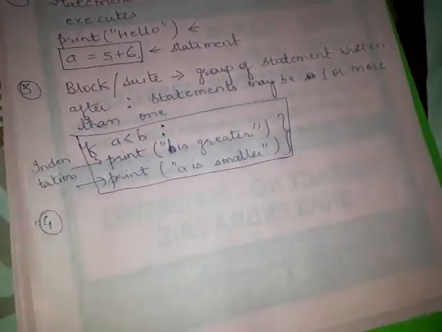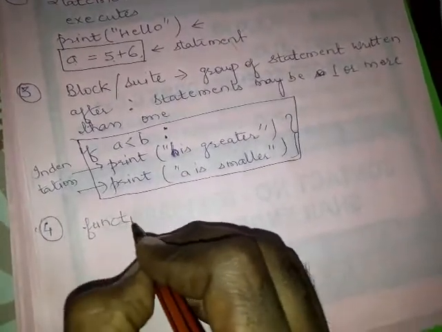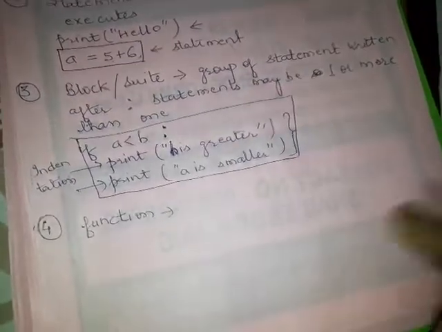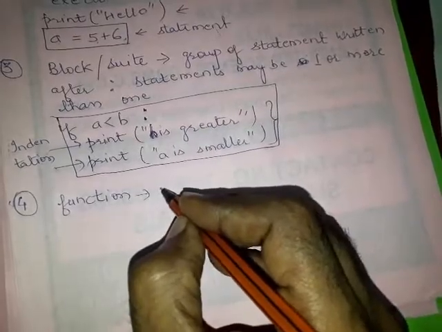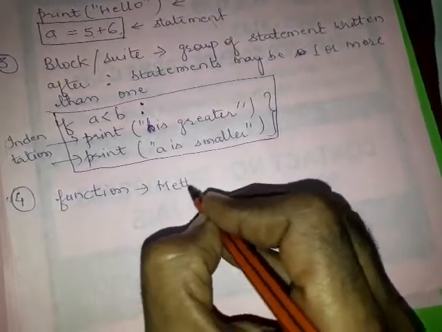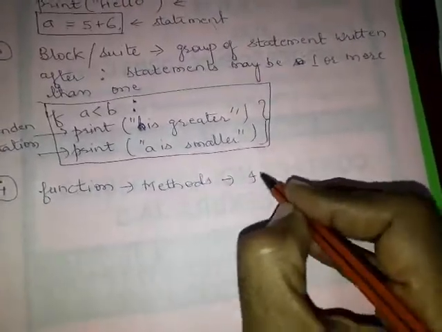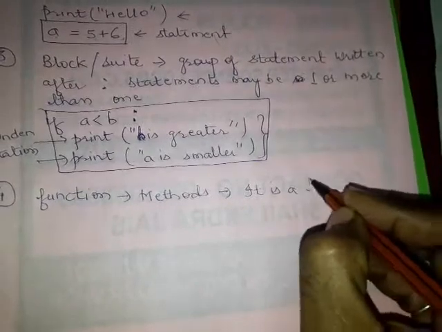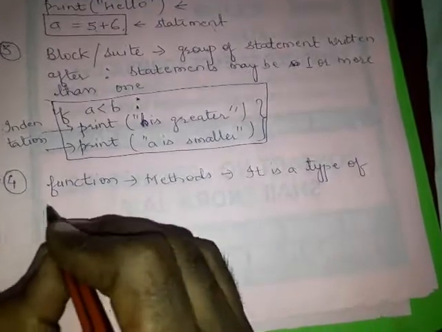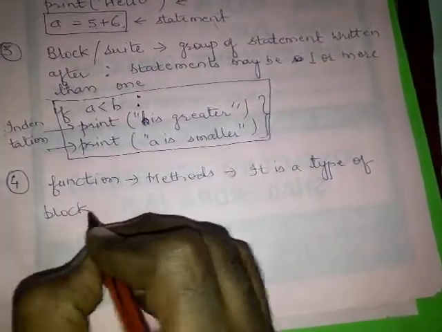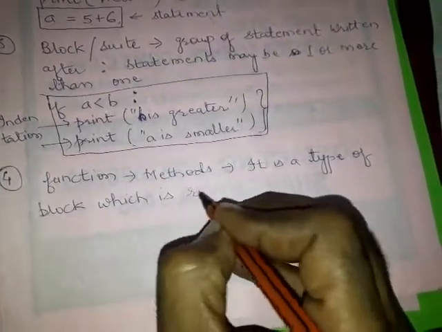The fourth one is function. Functions are also called methods. It is a type of block which is reusable.